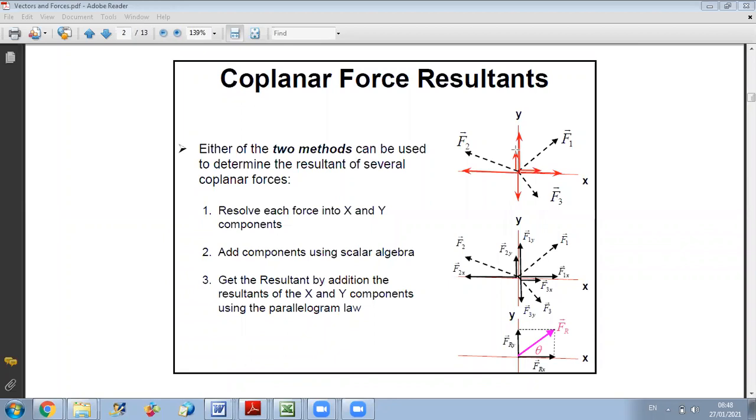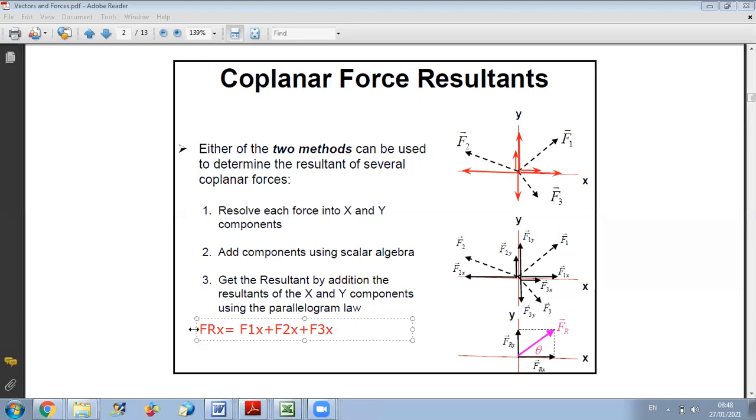I can see that F1 and F3 have positive X components, while F2 has a negative X component. And for Y components, F1 and F2 have positive Y, and F3 has a negative Y component. Once I determine all components, if I want to calculate the resultant force, I can write that the resultant force X component will be equal to F1x plus F2x plus F3x.